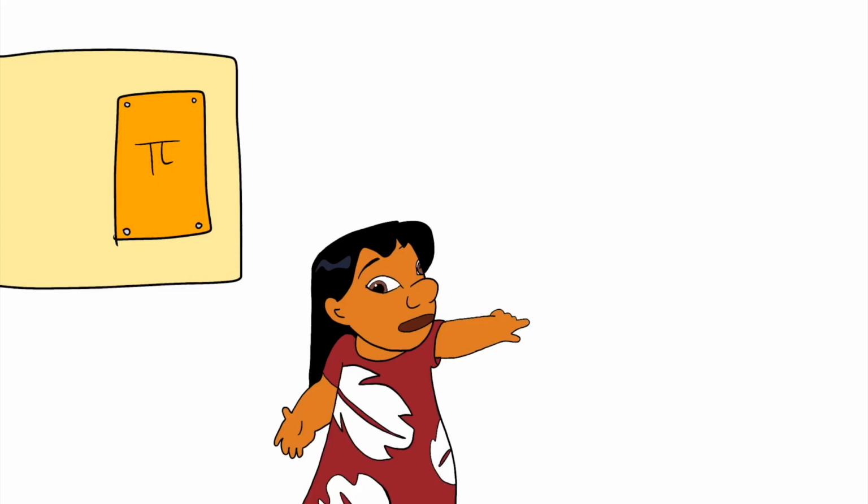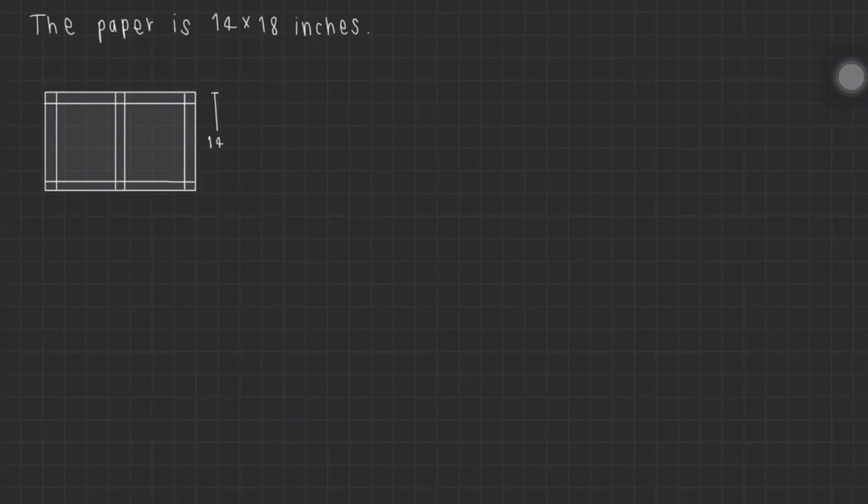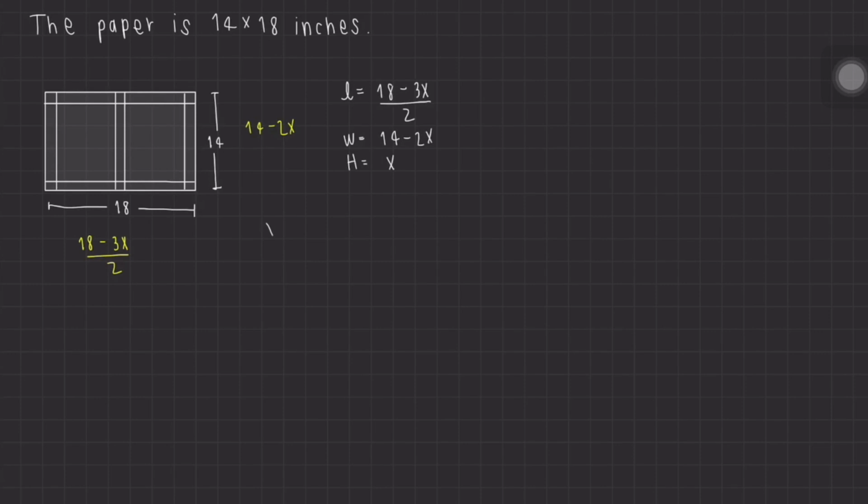How about that paper? The paper with the 14 times 18 inches: the length would be (18 minus 3x) divided by 2, and the side of 14 equals 14 minus 2x, which is the width. Volume is x times (18 minus 3x) divided by 2 times (14 minus 2x).